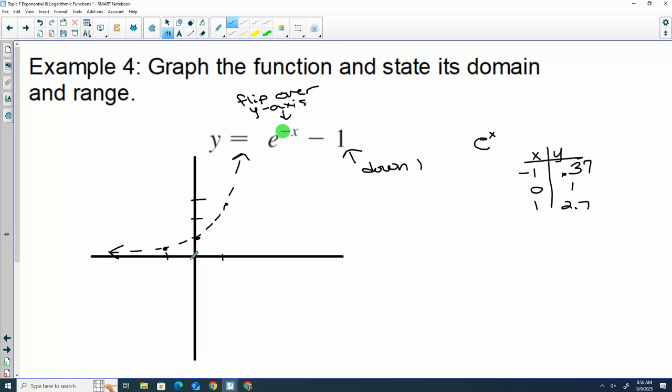We know up and down moves our horizontal asymptote, so we now have a horizontal asymptote at -1. Okay, so if I take this point and flip it, it would come over here, downward. If I flip this, it doesn't go anywhere, downward. Flip this one, it comes over here, downward.